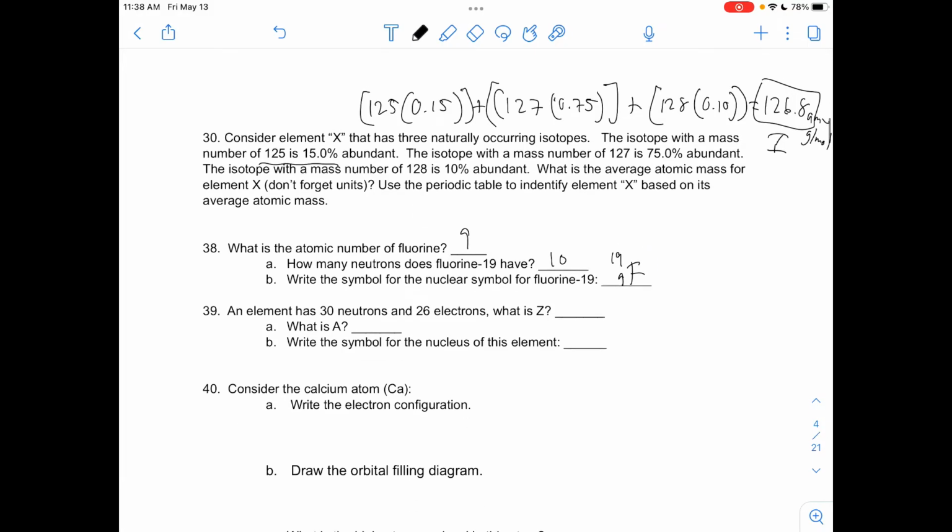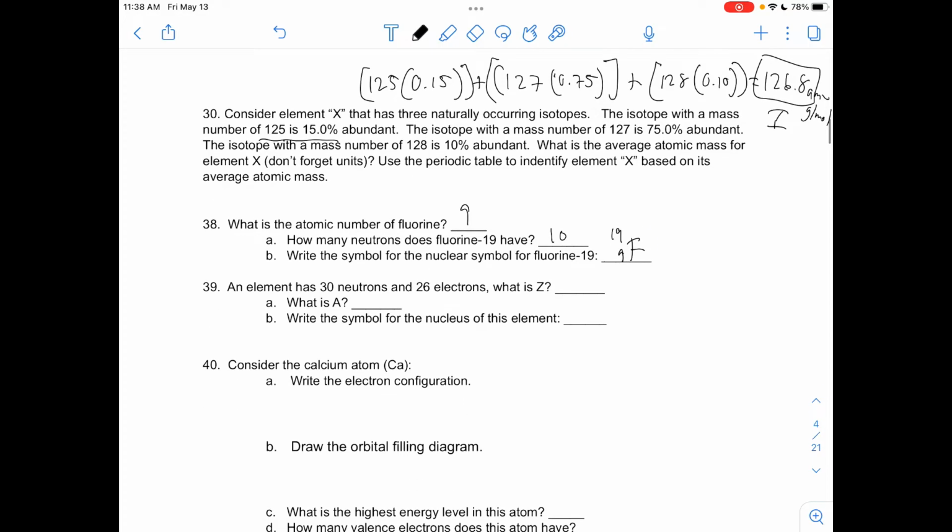Okay, an element has 30 neutrons, 26 electrons. What is Z? By Z, I'm referring to A over Z, my atomic number. Okay, so notice there's no charge. So if it has 26 electrons, that means it has 26 protons. Okay, 26 protons.